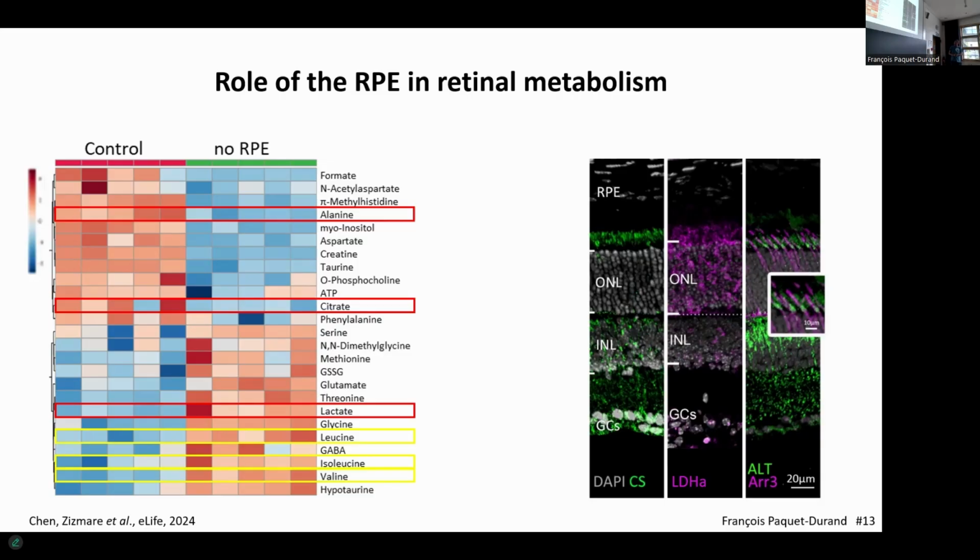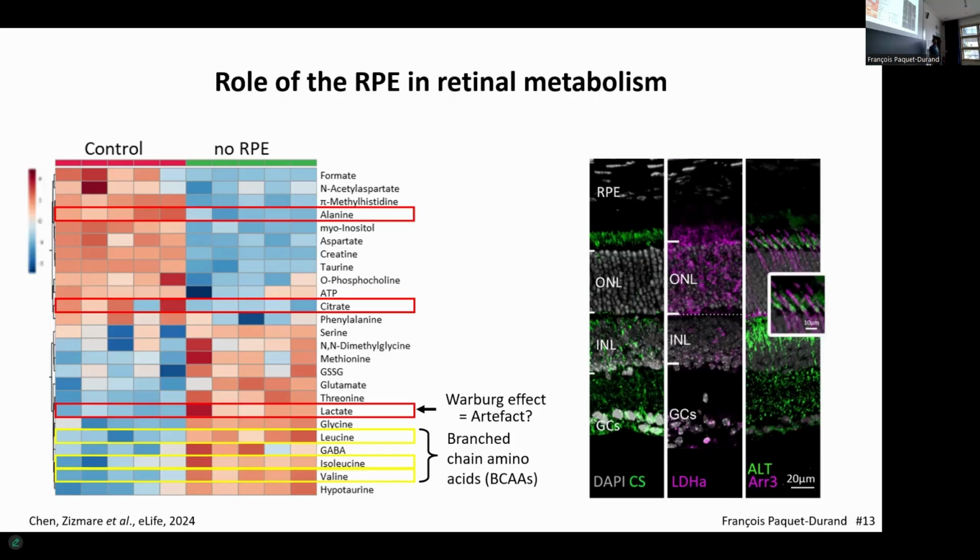Now, other interesting metabolites are leucine, isoleucine, and valine. These are so-called branched-chain amino acids, and for some reason they accumulate when you have no RPE, but not under normal conditions. Another thing that is really interesting is this lactate accumulation that Otto Warburg found only when there's no RPE.